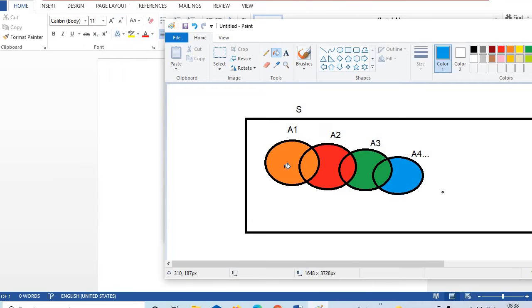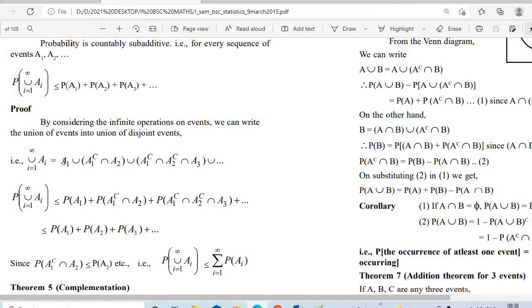So you can continue this procedure. So that is what is written here.